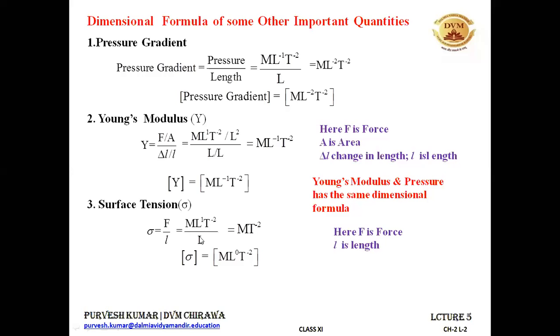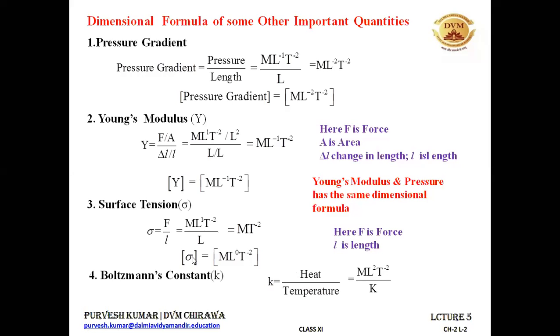Then we have another quantity that is known as Boltzmann's constant, and it is denoted by small k. The formula for Boltzmann constant is heat upon temperature. Heat is some form of energy, and energy has dimensional formula ML2 T minus 2.